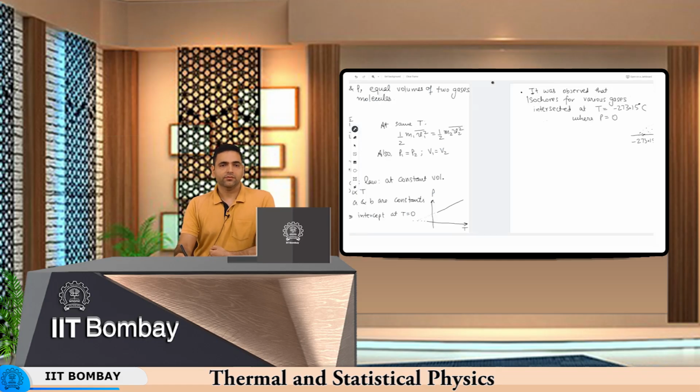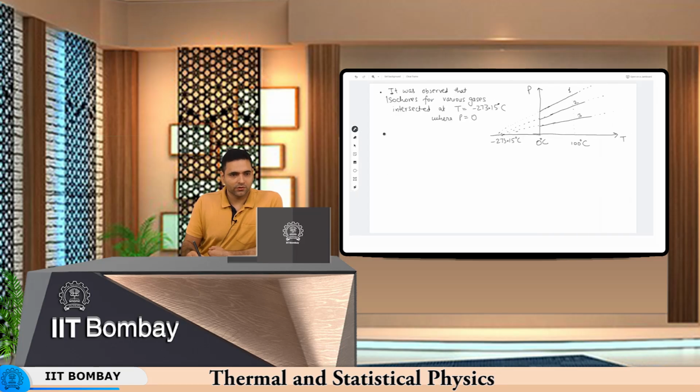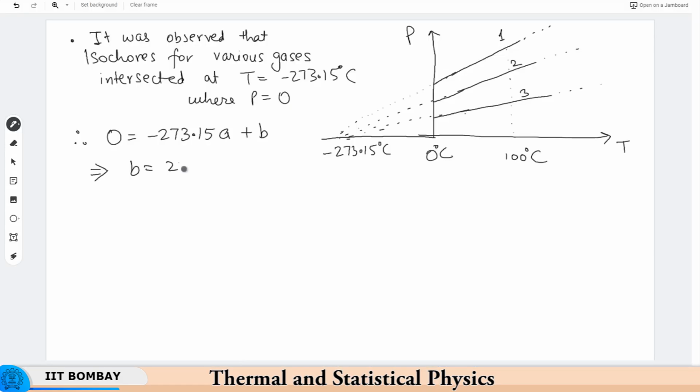Okay. So therefore what we can do is we can now put these values here. We can write 0 pressure as minus 273.15 times A plus B, right. So these are unknown constants, they are different for different gases, and from here we can see that our B is nothing but 273.15 times A, all right.